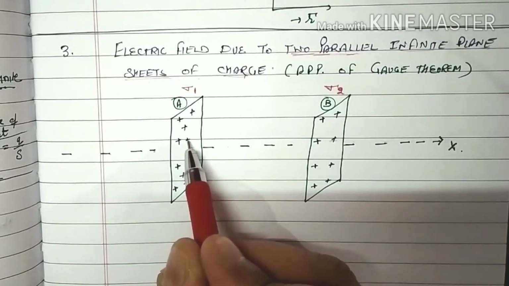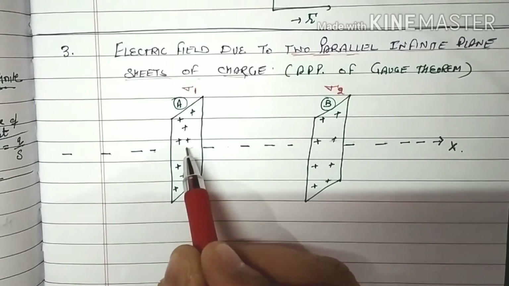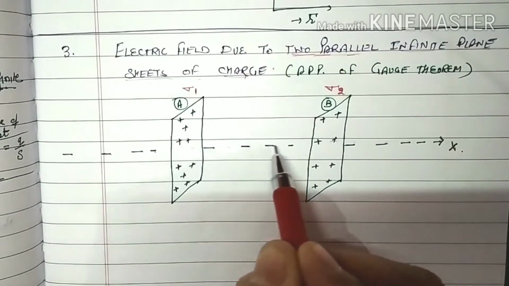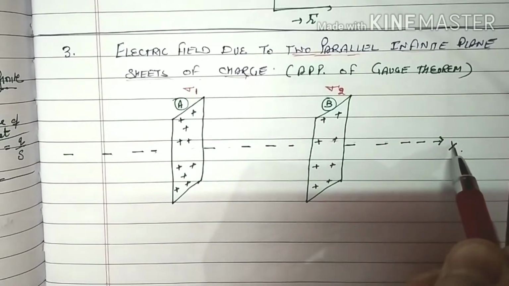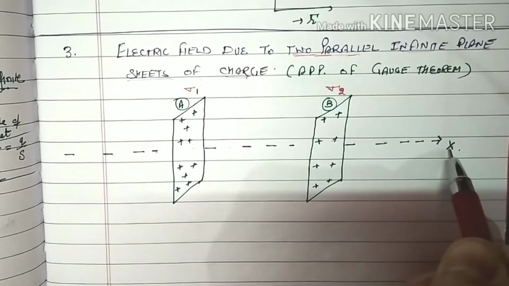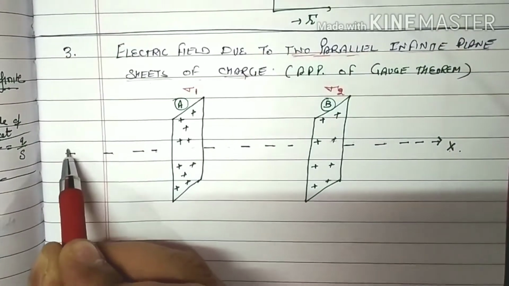Due to these two plates we have an electric field, directed along the x-axis. It will be along the positive x-axis and the negative x-axis.